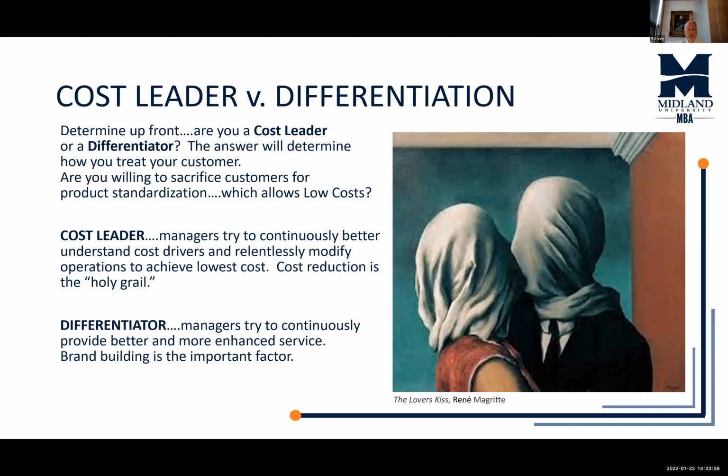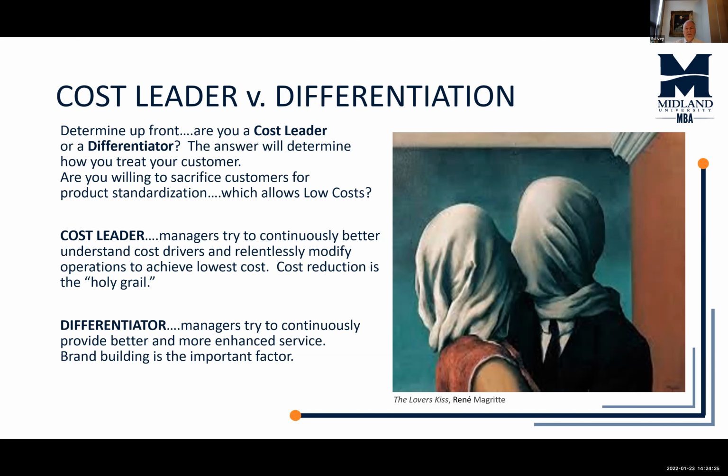And so that question determines if you're going to sacrifice certain customers for product standardization, meaning that you're going to be able to produce your product at the very lowest cost, meaning that those certain customers that want extras for your product will not be receiving those extras because those extras add an extra cost to your product.